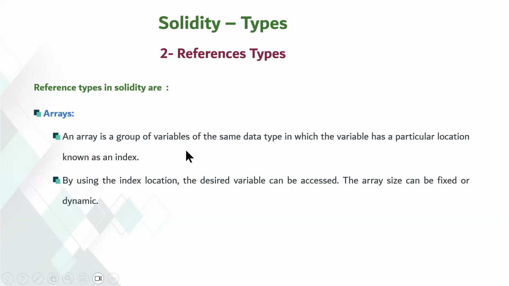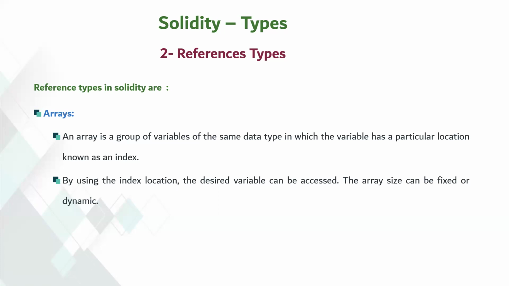Instead of creating numerous individual variables of the same type, we just declare one array, okay, of the required size, store the elements in the array, and they can be accessed using the index. So in Solidity, an array can be of fixed size or dynamic size, and we will talk about it in detail in the following videos, inshallah.